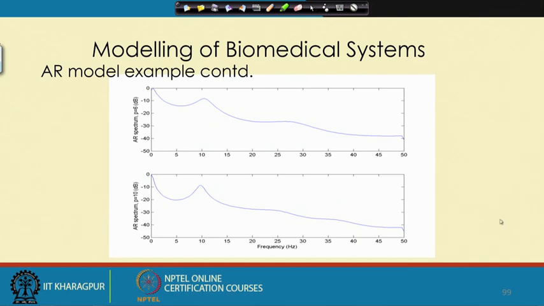So, we always prefer to use the optimal model order, which gives us a smooth spectrum and lets us avoid unnecessary computation that does not add any value for the signal analysis.